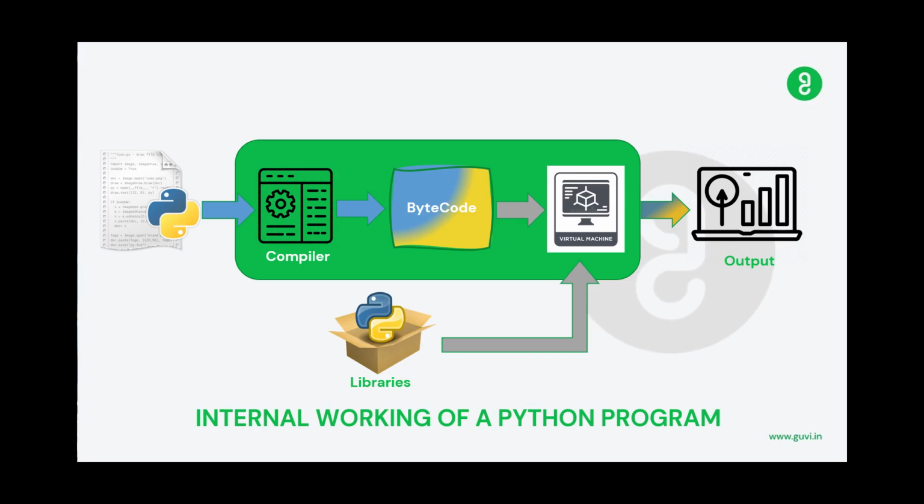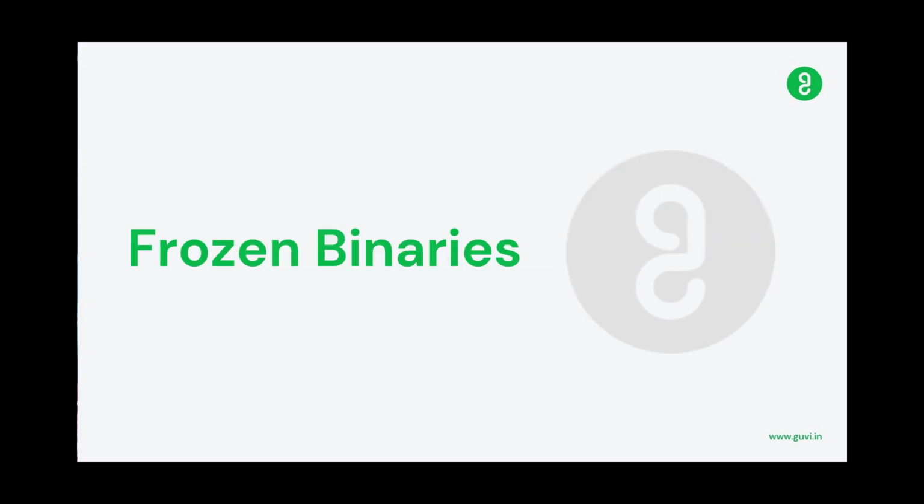After this, we'll now get into a discussion of what is a frozen binary. Now, when you write a Python program, you obviously must be writing it for somebody or for a client. When you have to give that client your program, you are obviously not going to send them the source code, right?